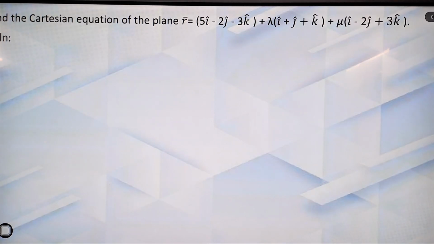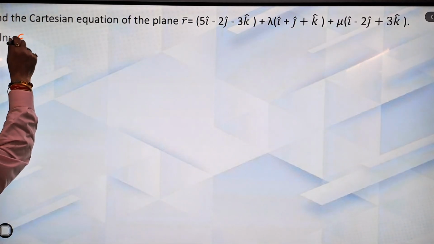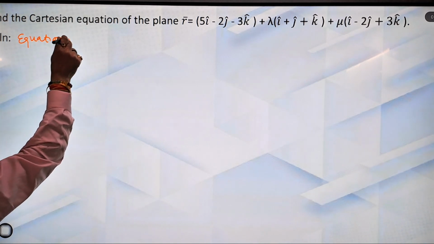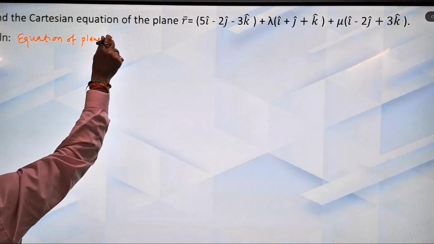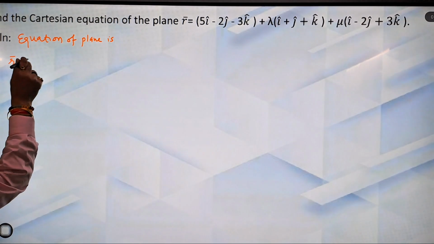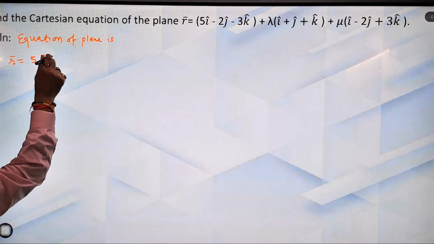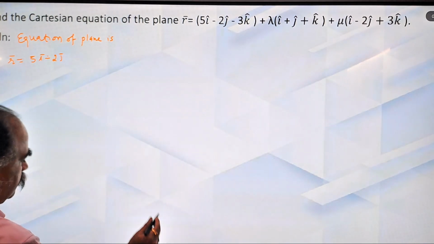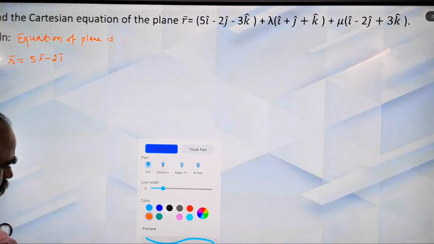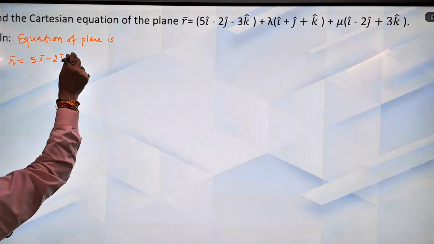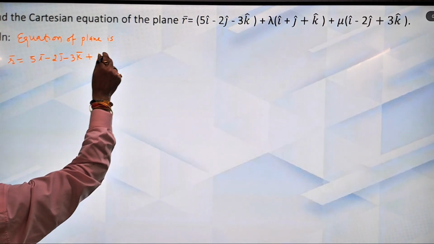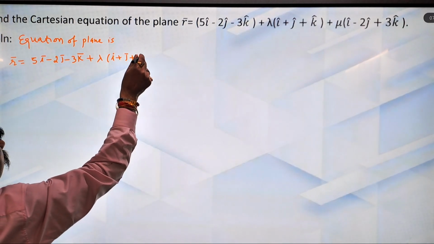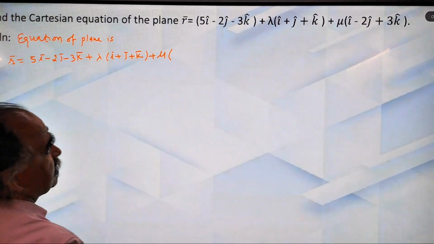Find the Cartesian equation of the plane r bar is equal to 5i - 2j - 3k plus lambda into (i + j + k) plus mu into (i - 2j + 3k).